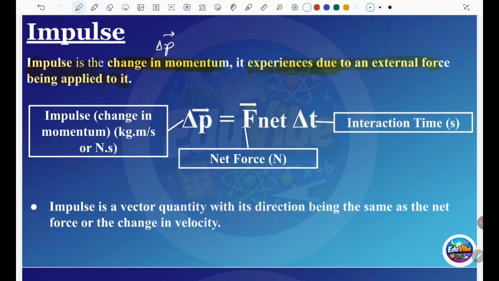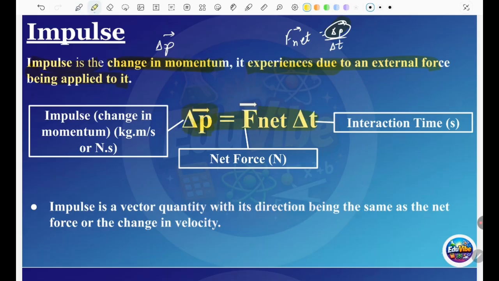As I derived in the previous lesson on momentum, net force is equal to delta p upon delta t. Now we know that delta p is the change in momentum, which is impulse. If we isolate delta p, we get net force times delta t.